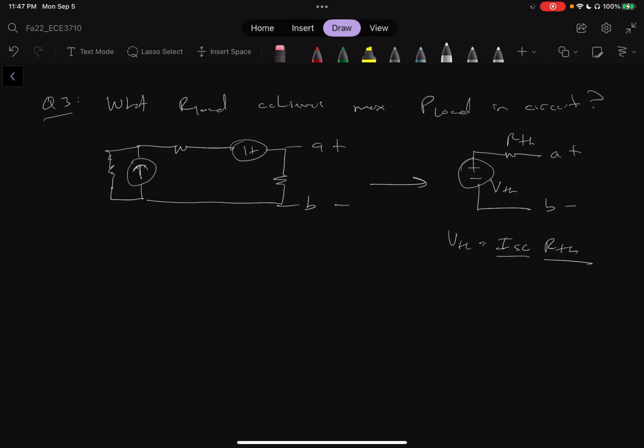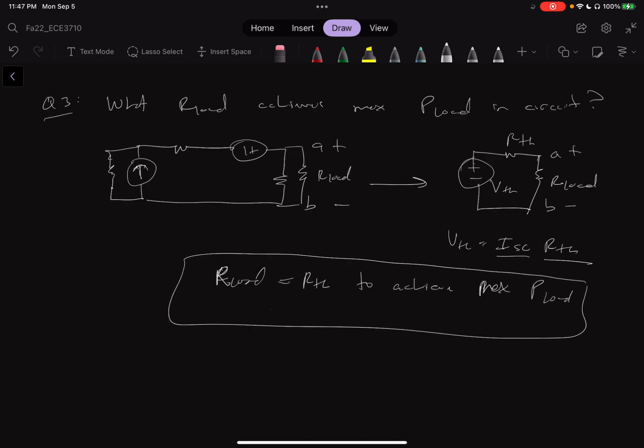So if we put an RL, Rload, in here, using what I taught in the beginning of this video, Rload would have to be equal to R Thevenin to achieve max Pload, which is equal to 40 ohms. And there you have it.